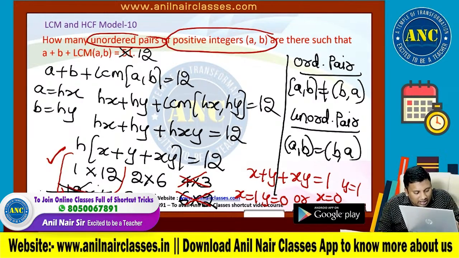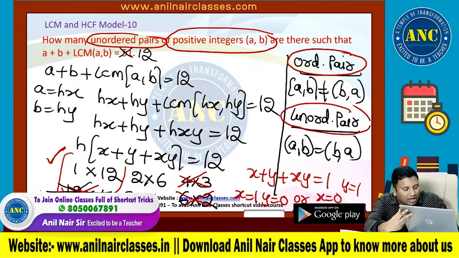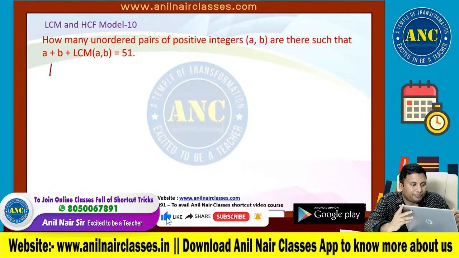So this case is eliminated. Now see, Maheshwar Reddy, I hope it is clear, ordered pair and unordered pair. If it is an ordered pair, take all the reverse. If it is unordered, do not take the reverse. Let me do it in the next slide.